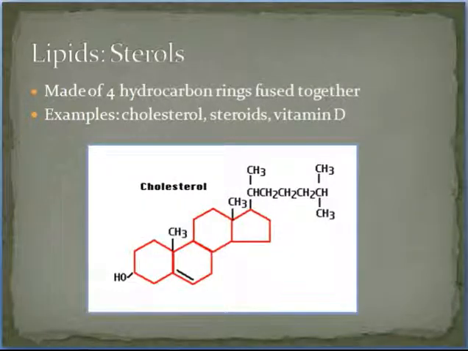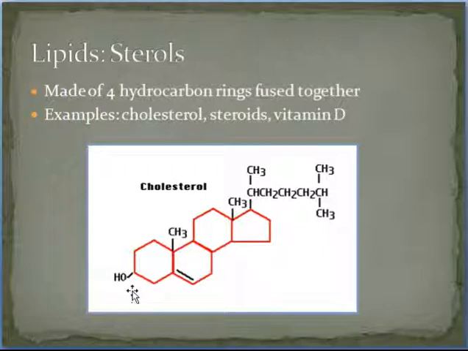The next type of lipid is called a sterol. They are made of 4 hydrocarbon rings fused together, like you can see here in red. These rings are all hydrocarbons, you can tell, because if there were anything but hydrogen and carbon, they would have to write it.